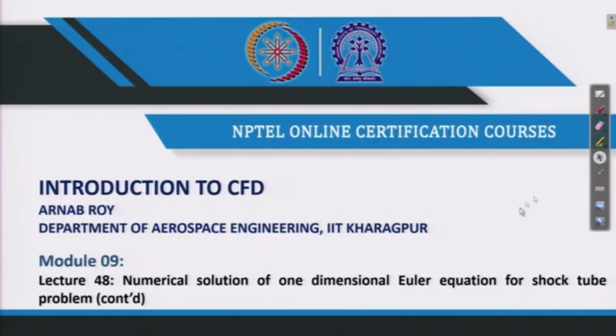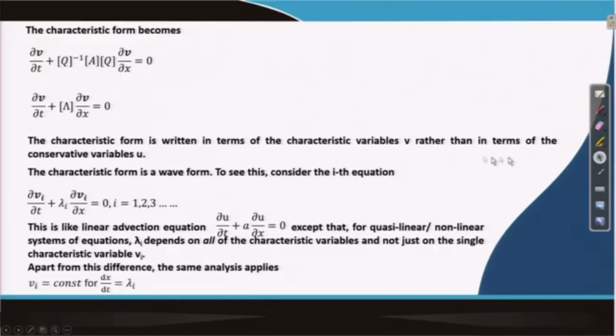We continue our discussion on the characteristic form of the one-dimensional Euler equation in this lecture. In the last lecture we had come up with this form of Euler equation, and you recall that this was written with the idea of converting the equations from the conserved variables u to the characteristic variables v space.